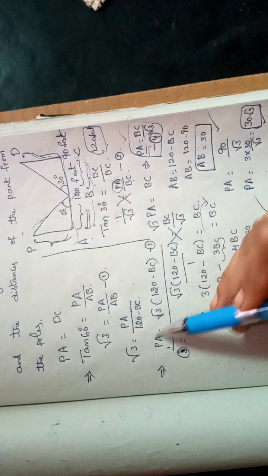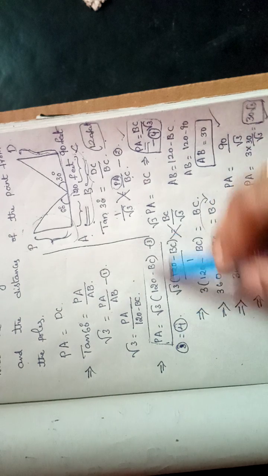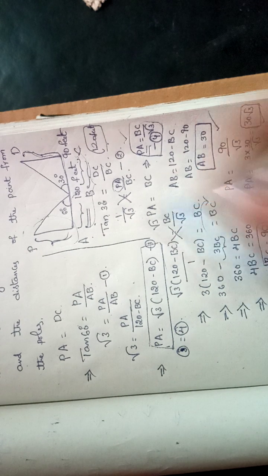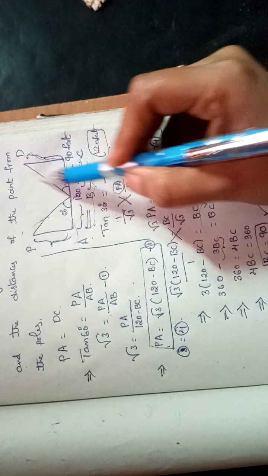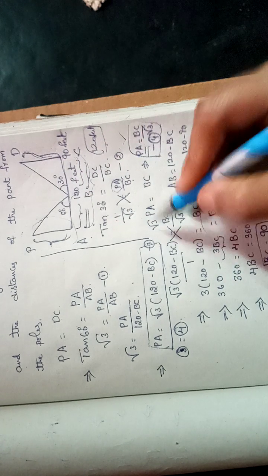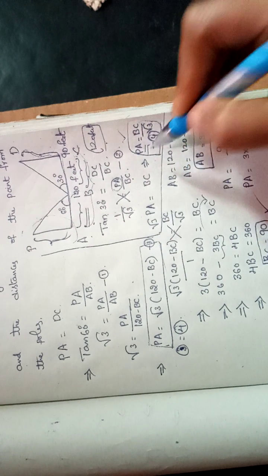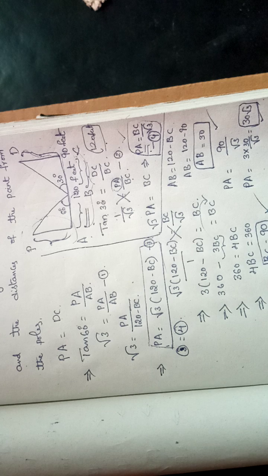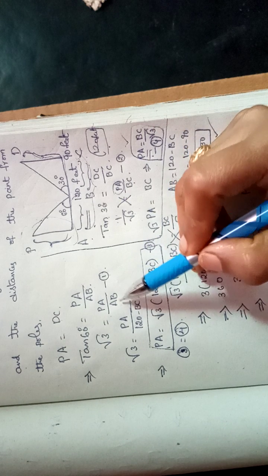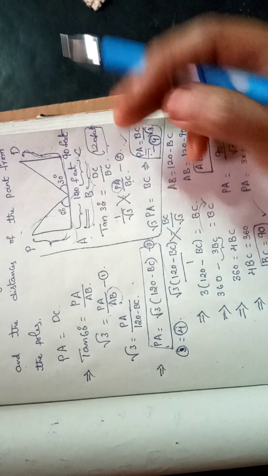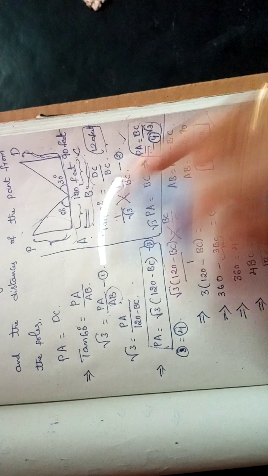First we find the PA value and form an equation. From this triangle also we find the PA value, but the key point is we have to change AB as BC, otherwise BC as AB.